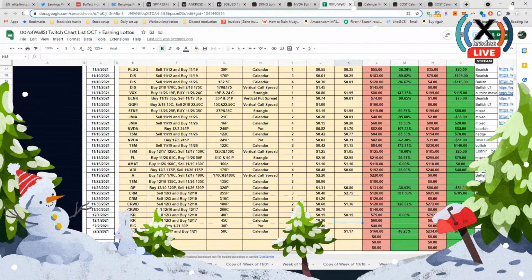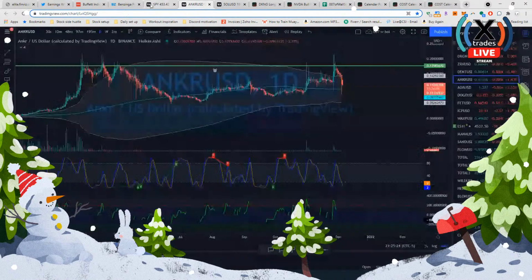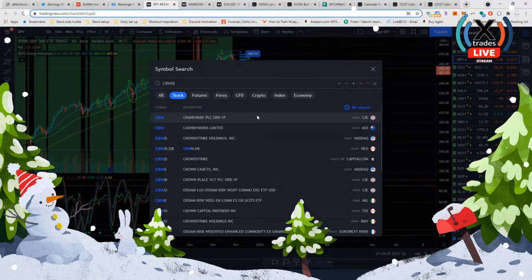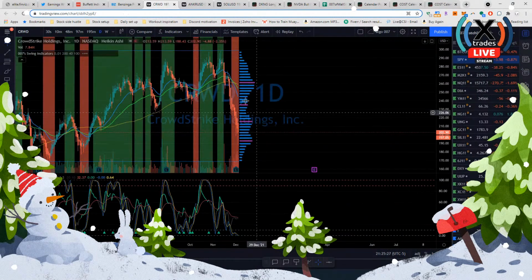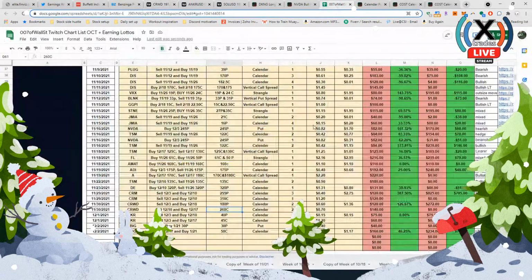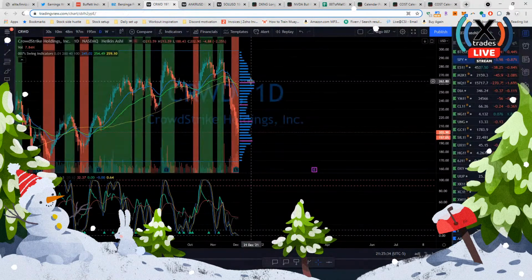But I feel like something like CrowdStrike, where a lot of people are discounting it, they may not see this 260 come back, but December 17th is a good 10 plus days in the market, about two weeks, for CrowdStrike to come back. And look at this company. For CrowdStrike to recover to 260, that's this range right here.